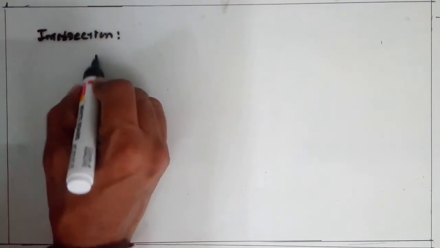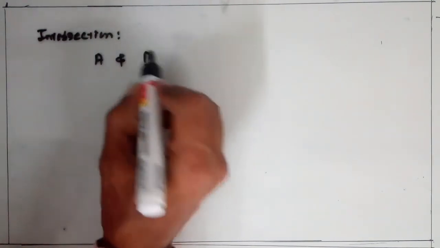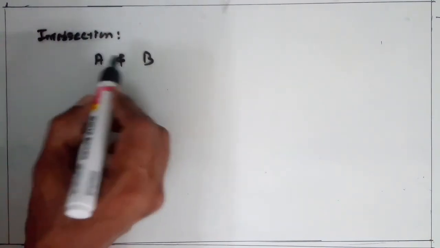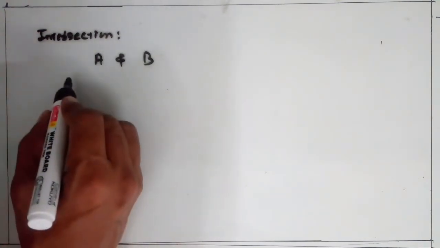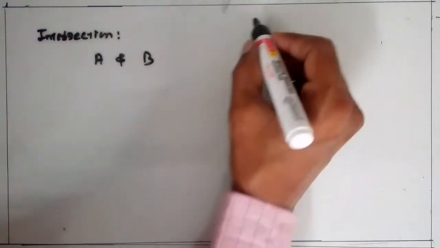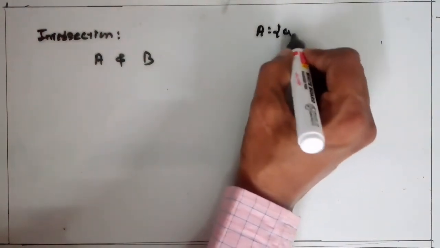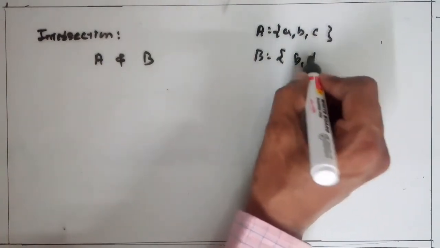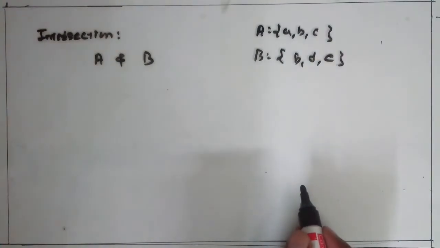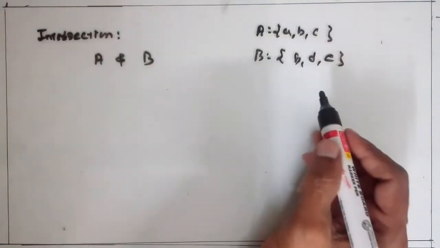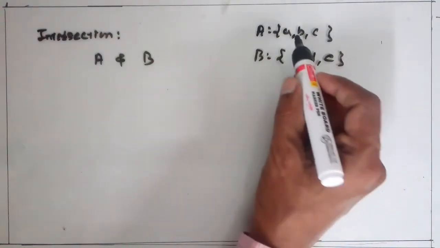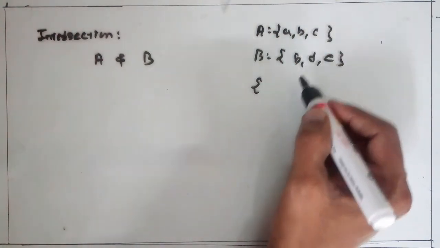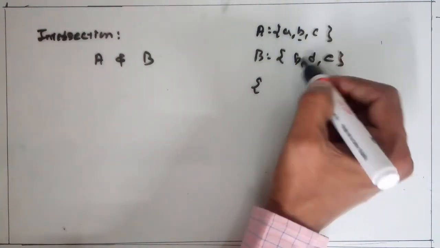For set A and set B, the set of all elements which are in A and in B is called the intersection of A and B. For example, if we take set A equal to {a, b, c} and set B equal to {b, d, e}, then the intersection of these two sets is the set of all elements which are in A and in B. That means the set of common elements of both.